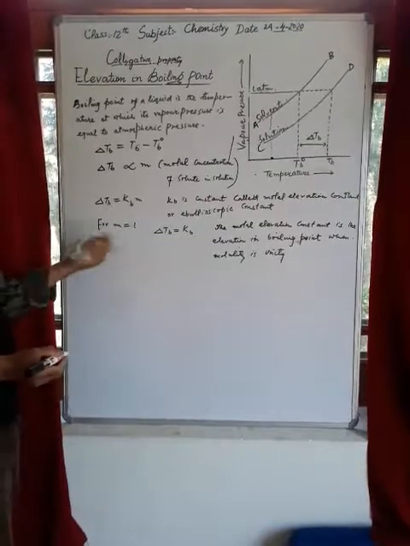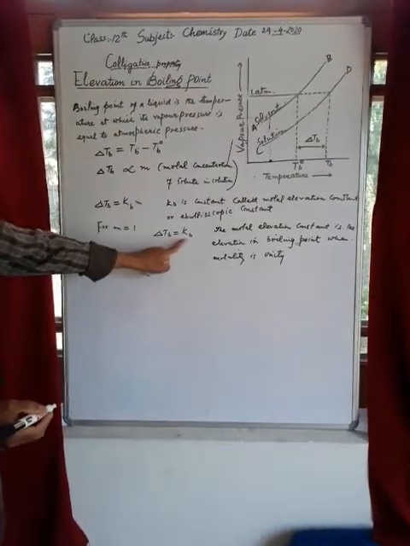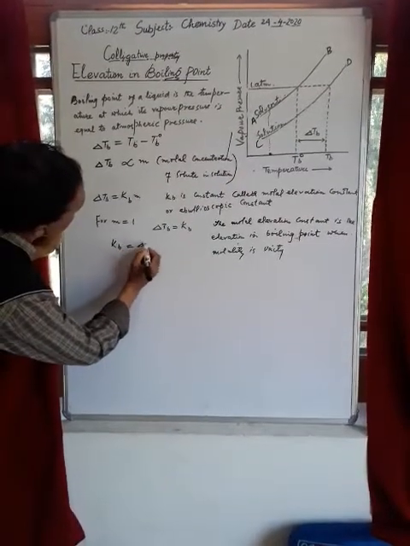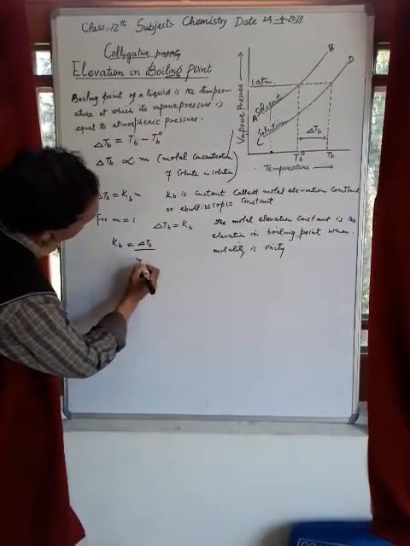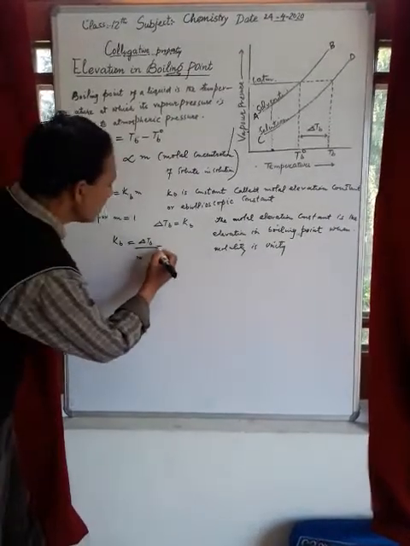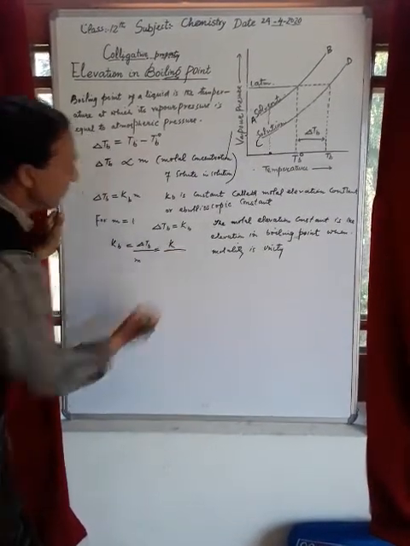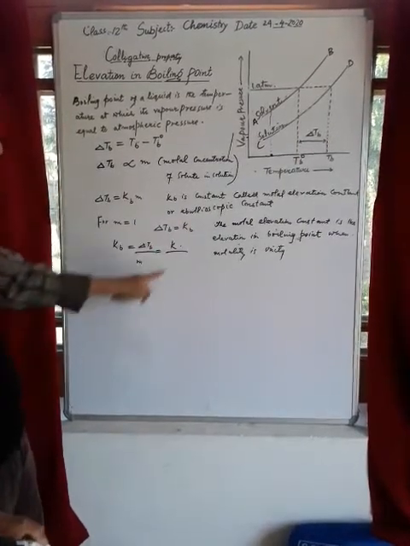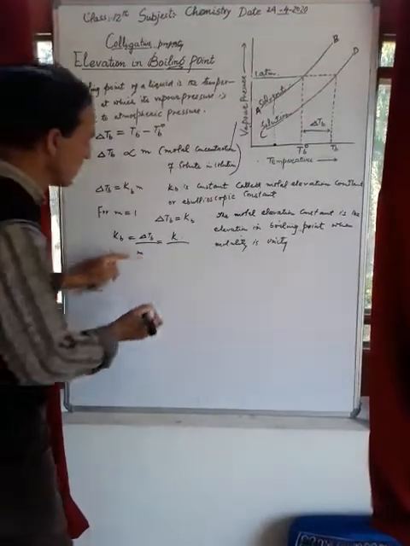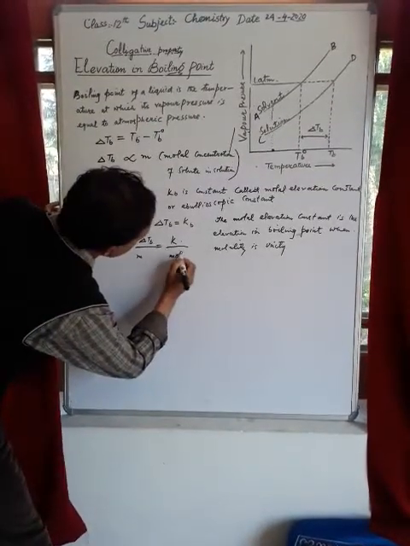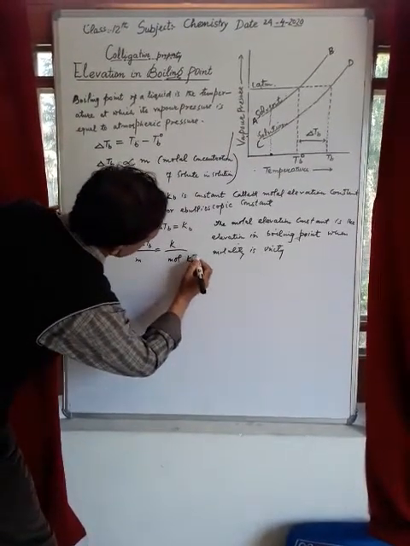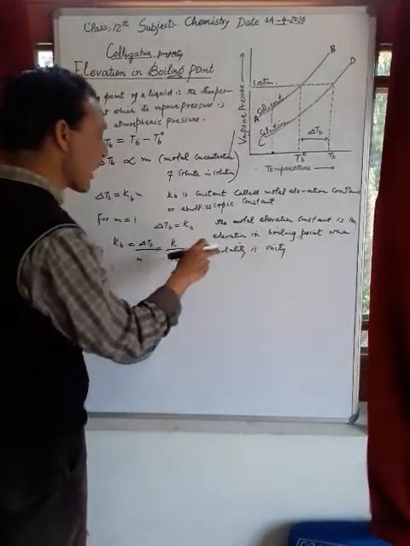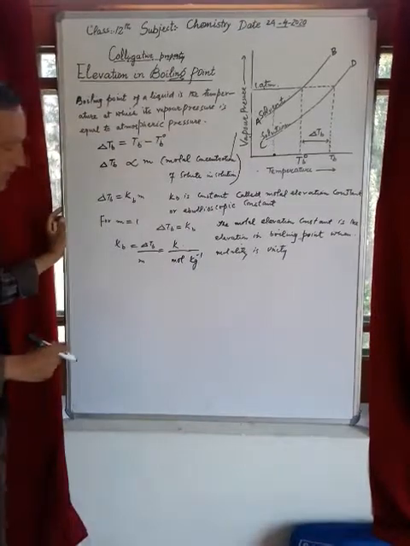And what is now the unit of this molal elevation constant? We can write Kb is equal to del Tb divided by m, and the unit of del Tb is Kelvin. This is the difference in the boiling points of the solution and the solvent, so it is Kelvin, and this is mole per kg. Molality is the number of moles of the solute per 1000 grams or 1 kg of the solvent.